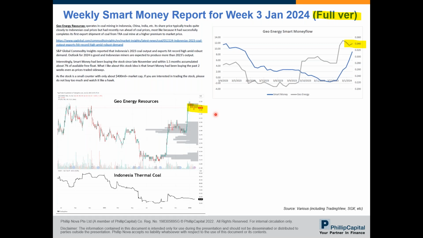But the smart money looks to be still buying. Hopefully after a correction, and in fact every correction in the period that smart money is buying is an opportunity for investors like you and me to join in and accumulate some of the stock.